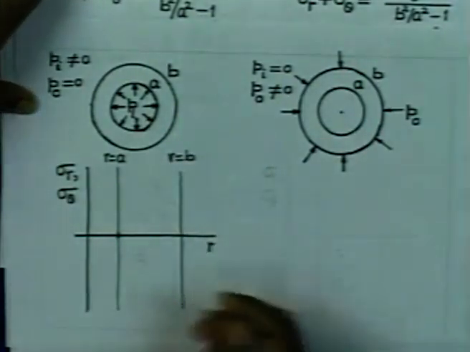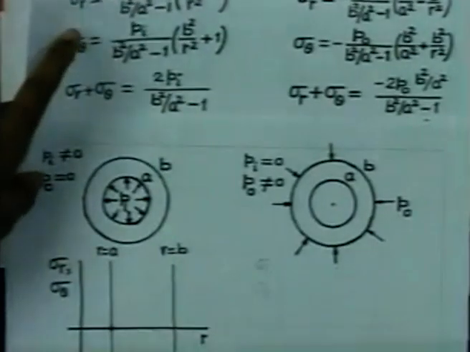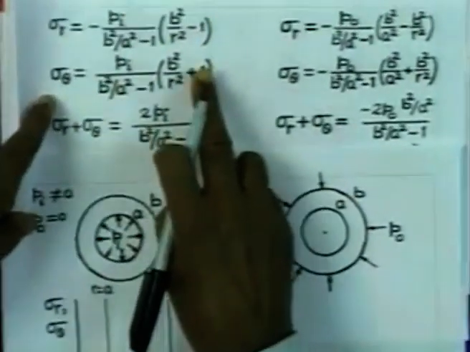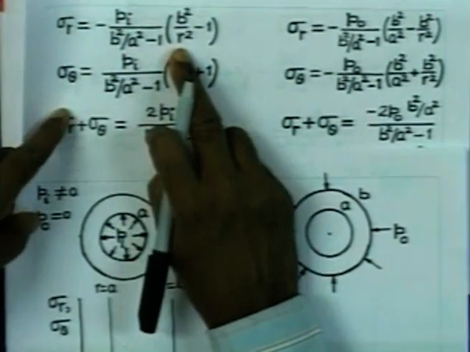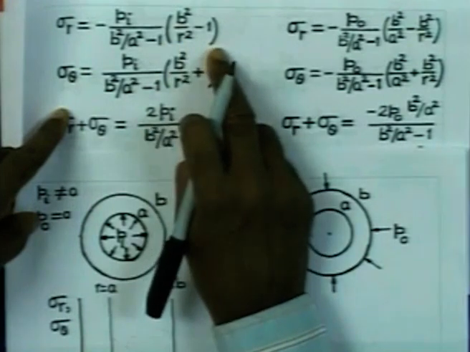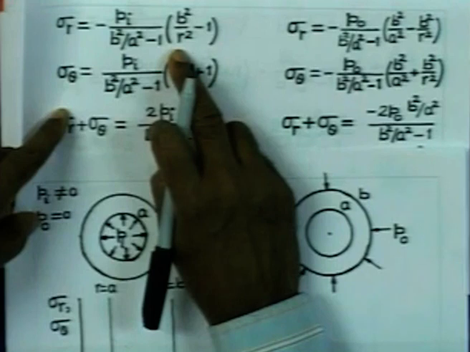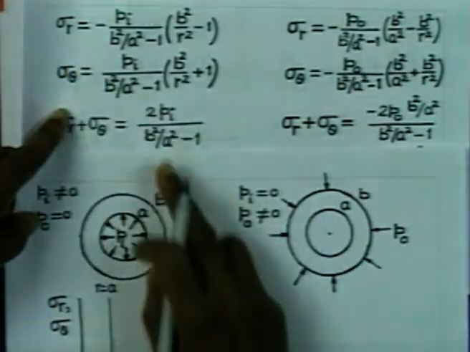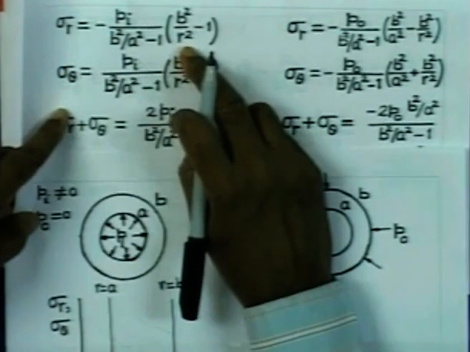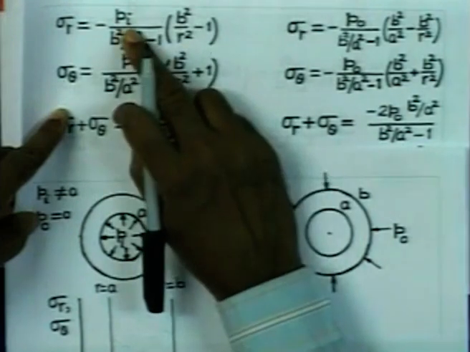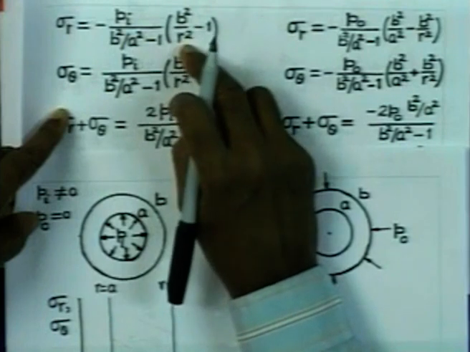Now, the variation of the stress: you can see that as r increases, the value of this term within the bracket is going to be reducing. So, therefore, the radial stress gradually decreases. At r equal to a, you find that the value of the stress is minus Pi, and at r equal to b, the value of the stress is 0.